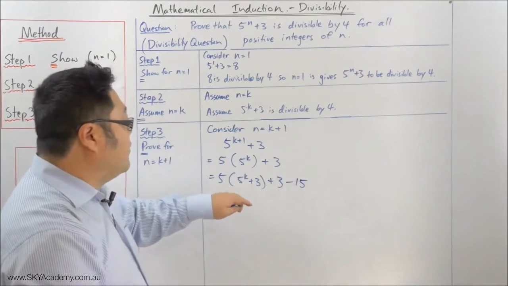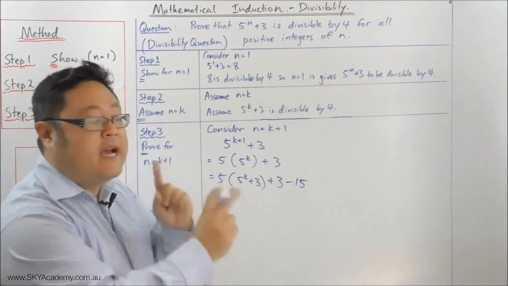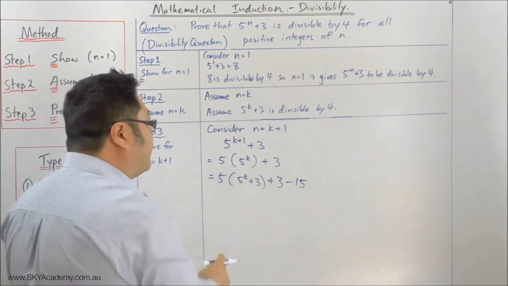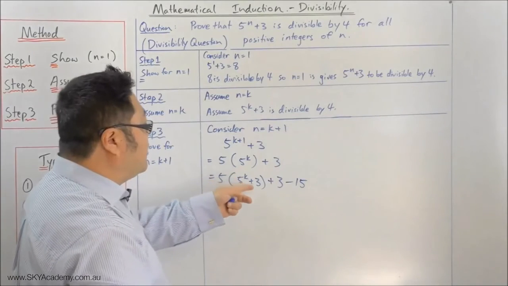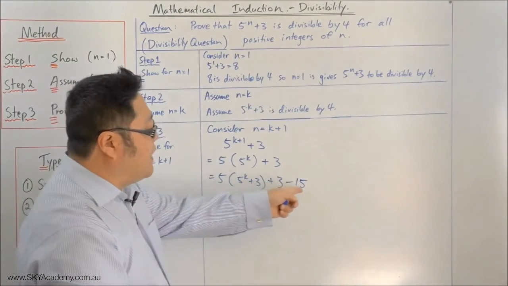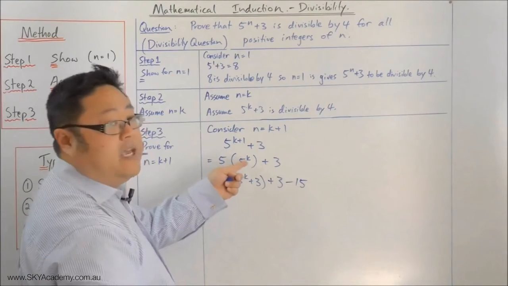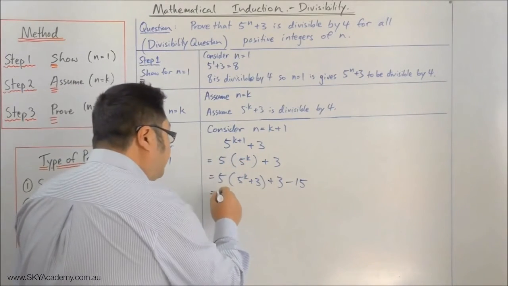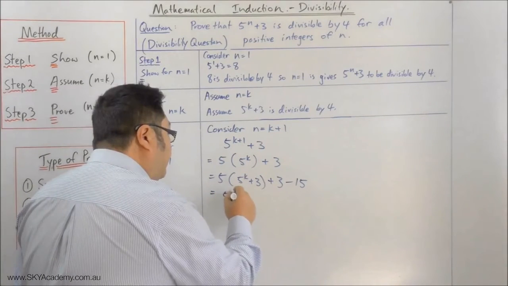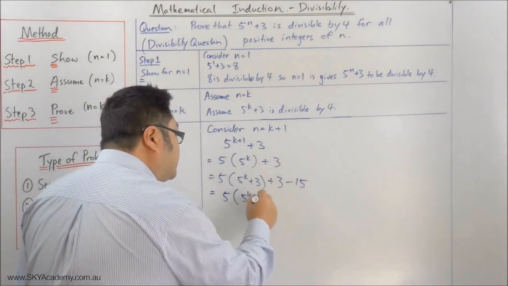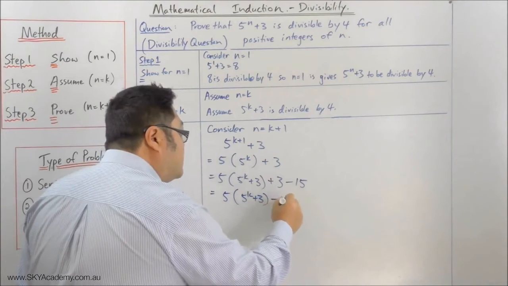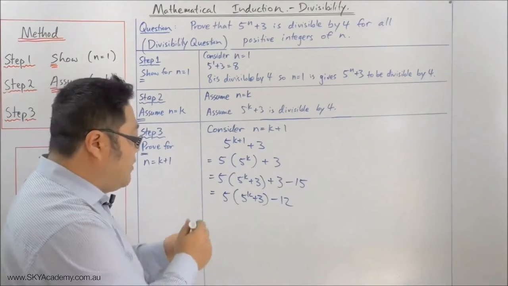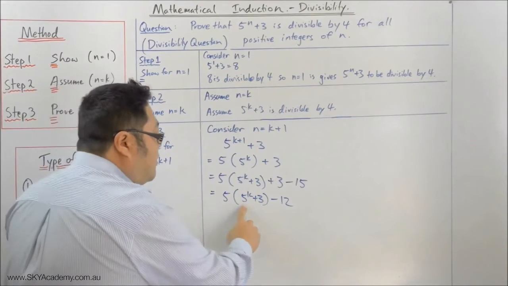Because we've got to account for the 3 that we added here. Because we added 3 five times and took away 15, this line is equal to the line above. That gives 5 times 5 to the power of k plus 3, minus 12, because 3 minus 15 is minus 12.